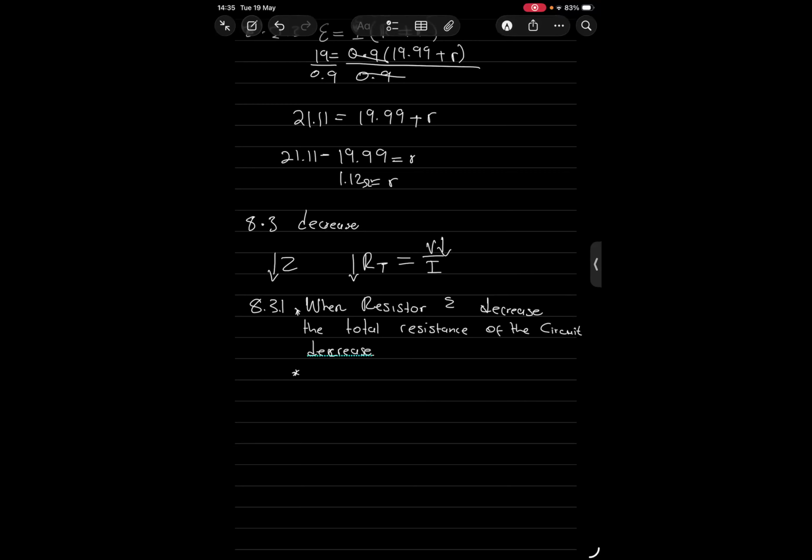And hence the resistance of the circuit is directly proportional to the voltage.